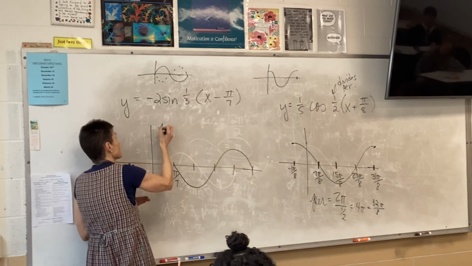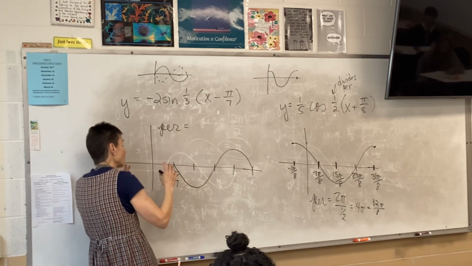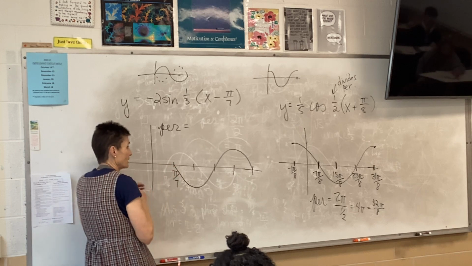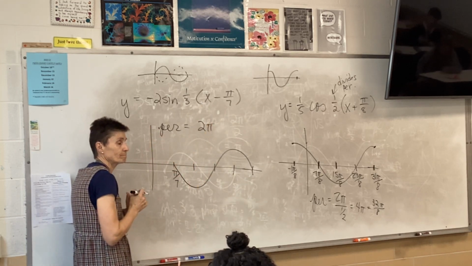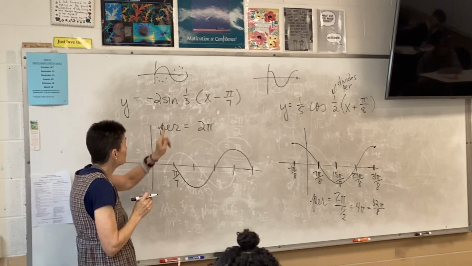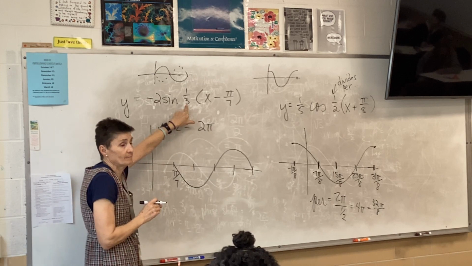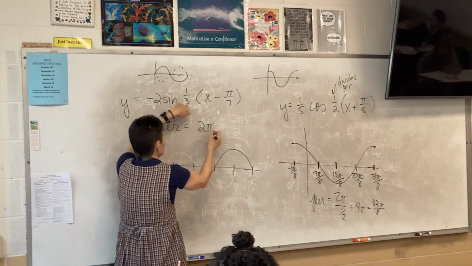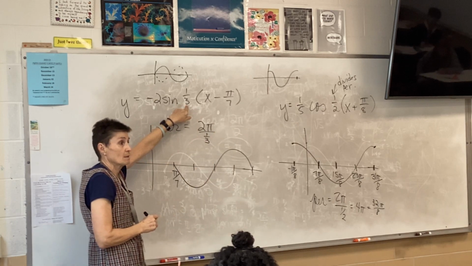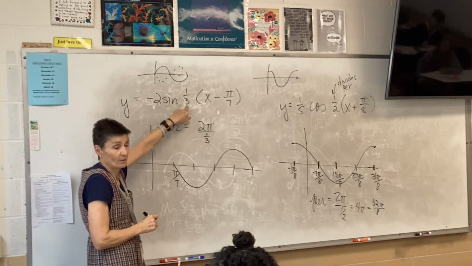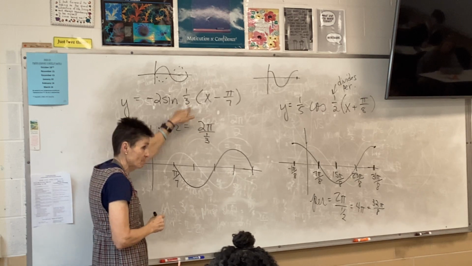What's your period supposed to be? In a perfect sine world, the period would be 2 pi. But you have changed that by dividing it by 1/3. So what is your period? 6 pi.